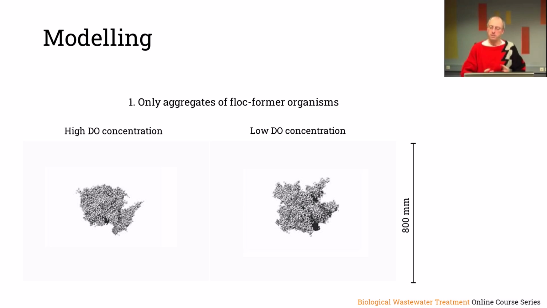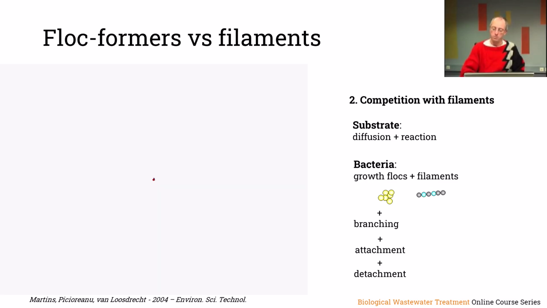So already with the same morphology, the porosity of the system increases at a lower oxygen concentration, which shows that a lower oxygen concentration leads to a more porous and open structure, independent of the morphology of the bacterium itself. And that's also the same for biofilm systems. And that's due to these gradients.